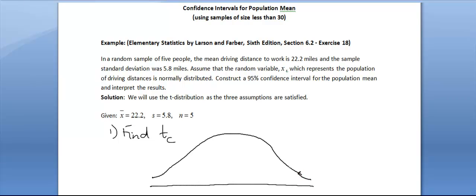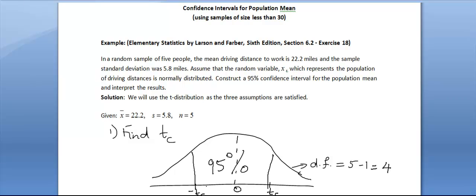Note that this t-curve has 4 degrees of freedom because the sample size is 5 and the degrees of freedom is always n minus 1, or in this case 5 minus 1, 4. So TC here represents the value on the horizontal axis, or the t-axis, and we are looking for the value of TC so that 95% of the area under the t-distribution is between minus TC and plus TC.